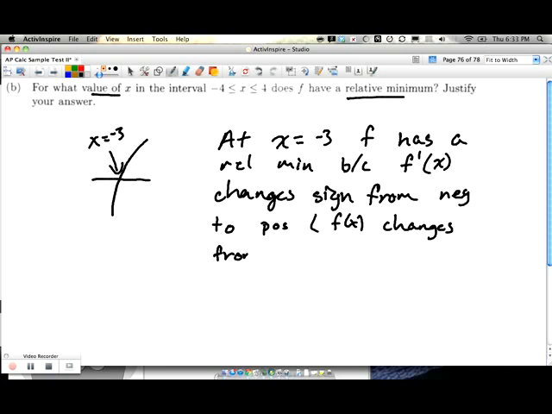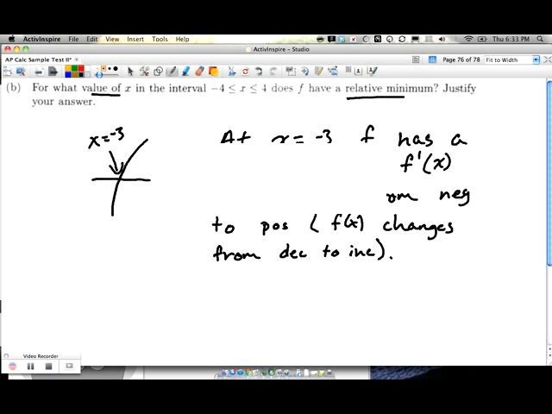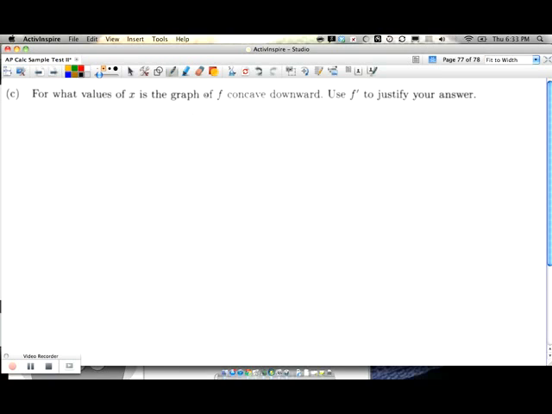Let's look at part C. Part C, for what values of x is the graph of f concave down? Use f prime to justify your answer. For f to be concave down, that means that f double prime of x has to be negative.